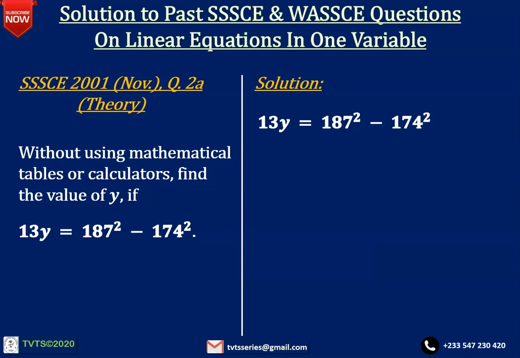The expression on the right-hand side is a difference of two squares. So we can determine the value of y by applying the rule of the difference of two squares. 187 squared minus 174 squared can be factorized by expressing the product of the difference between 187 and 174 and the sum of 187 and 174.